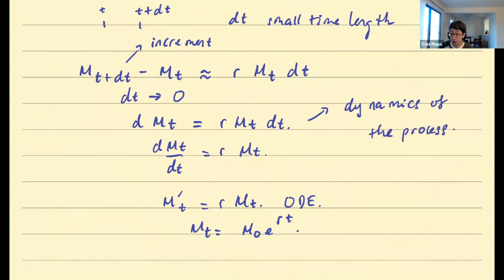Dynamics means we analyze how it moves in time, and it's the dynamics that tells you the meaning, the principle behind the process. Then from the dynamics, you solve for the explicit formula. Dynamics is the model.